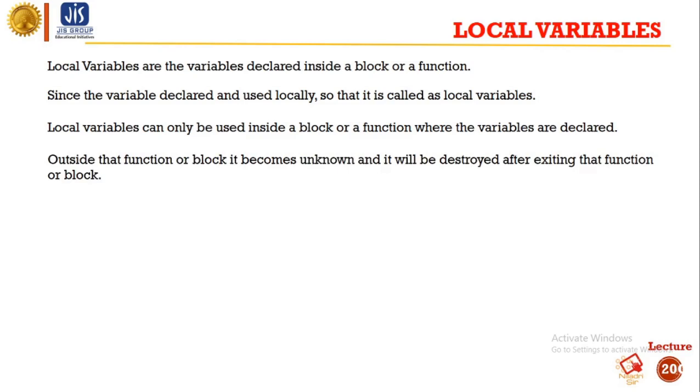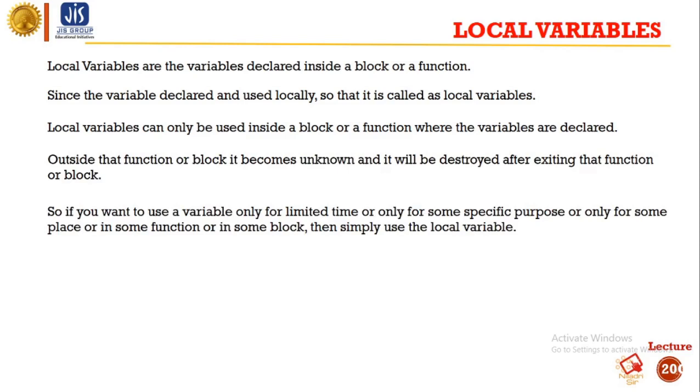It will be destroyed after exiting that function or block. So if we want to use a variable only for a limited time or only for some specific purpose, or only in some place, function or block, then simply use the local variable.